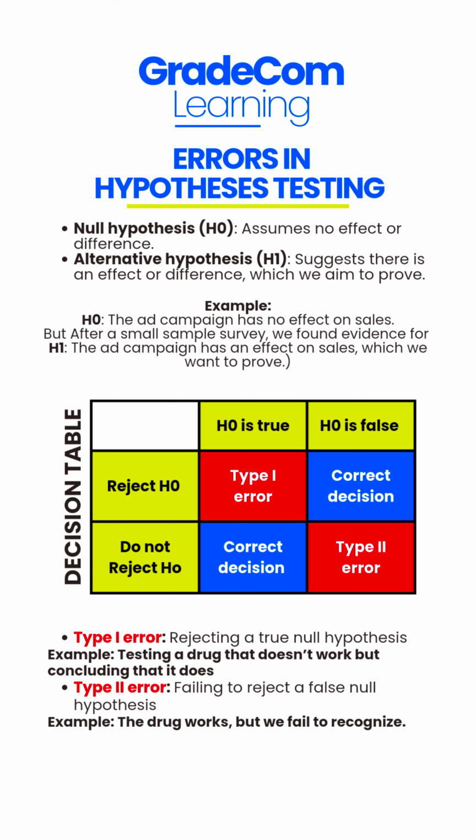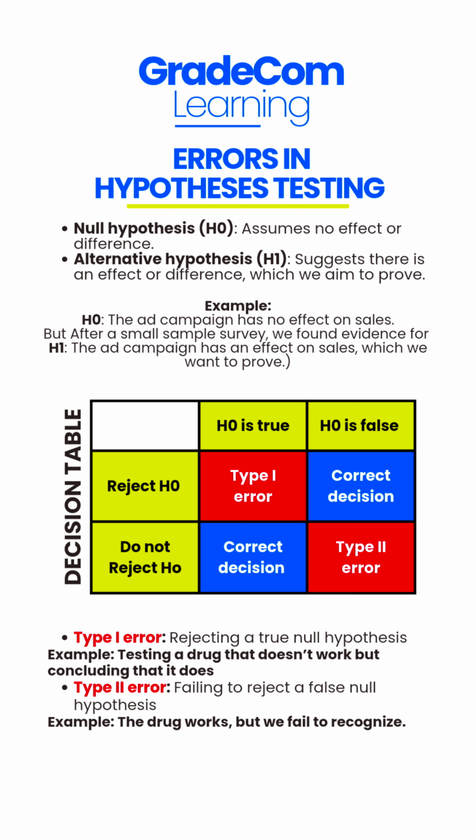The null hypothesis says there is no effect or impact, and on the other side, the alternative hypothesis says there is an impact or effect. For example, if a company claims that a new advertising campaign has no effect on sales, the null hypothesis would state the ad campaign has no impact on sales. On the other hand, the alternative hypothesis would say the ad campaign does have an impact on sales.